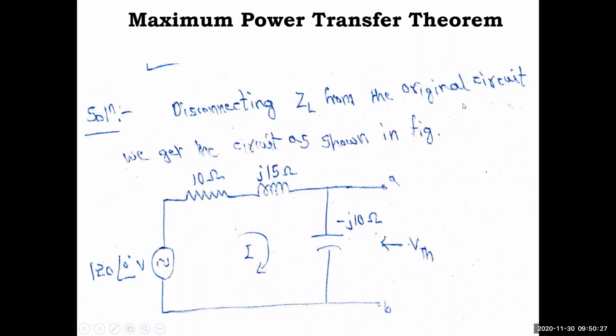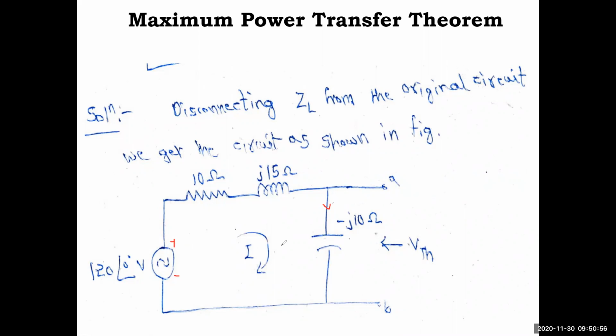Disconnecting ZL from the original circuit, we get the circuit as shown in the figure. What we need to find is VTH, that means the current through this branch. Nothing else is there, so VTH is equal to minus j10 into I. For that we want the current I, so you have to apply KVL here. 120 at an angle 0 degree minus (10 plus j15) and minus j10.